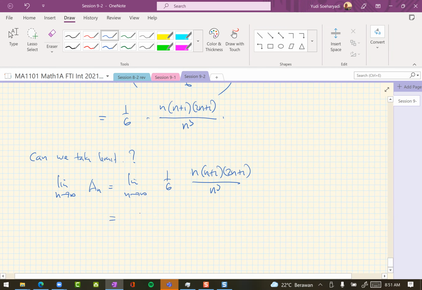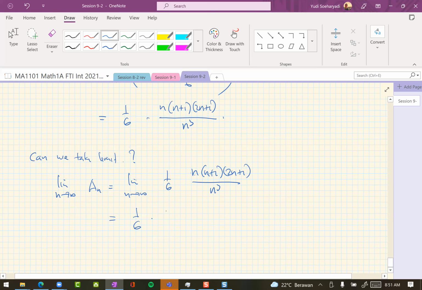So the limit is just the ratio of the highest power. So this is cubed. How many cubes here? You have n times 2n times n, so 2n cubed over there. Here we have just n cubed, right?